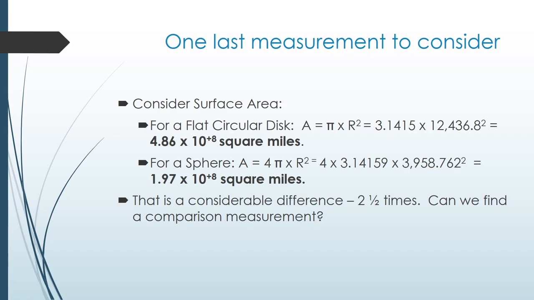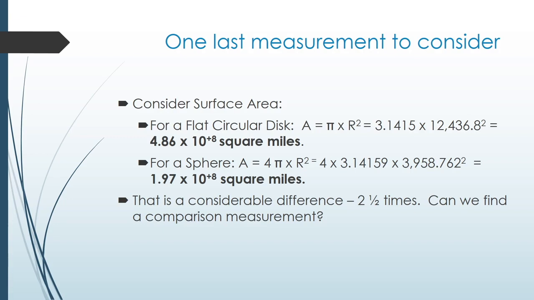Now for a sphere, we know that the surface area is equal to 4 pi r squared, which is equal to 4 times 3.1415 times 3958.762 squared. That is equal to 1.97 times 10 to the 8 square miles, which is also 197 million square miles.